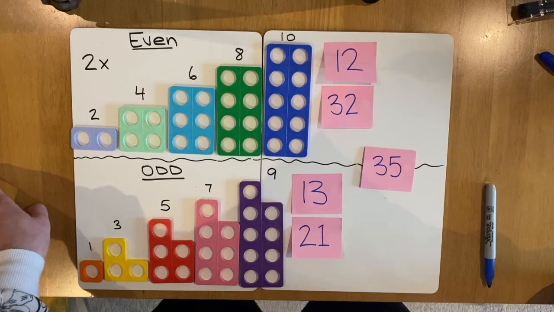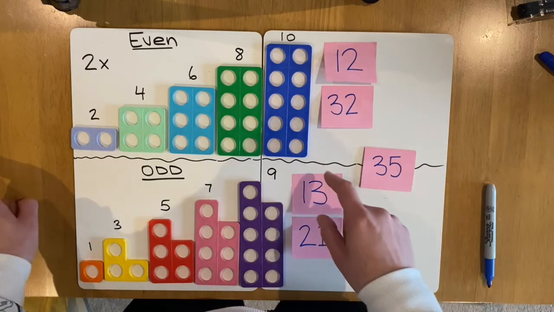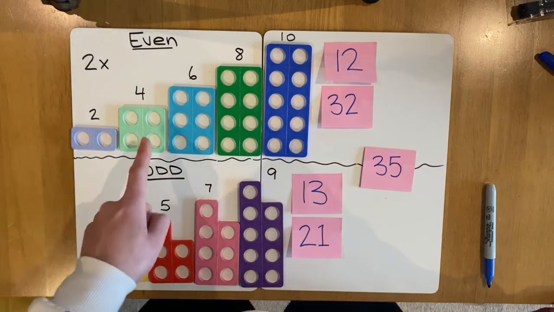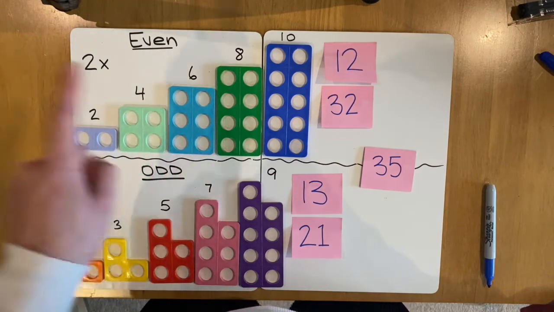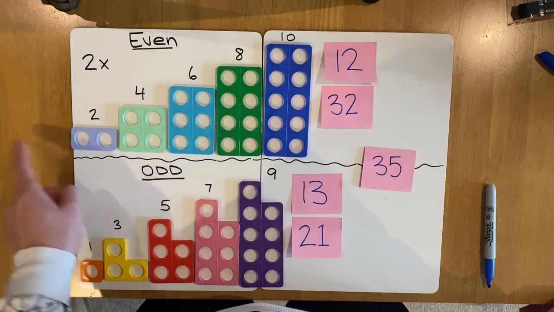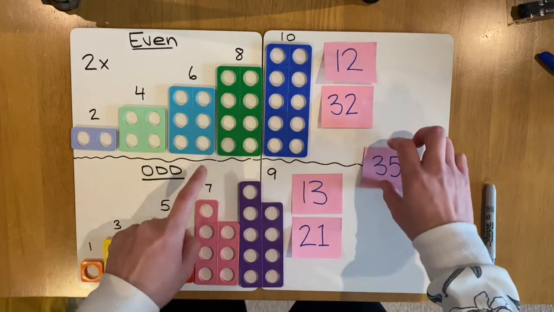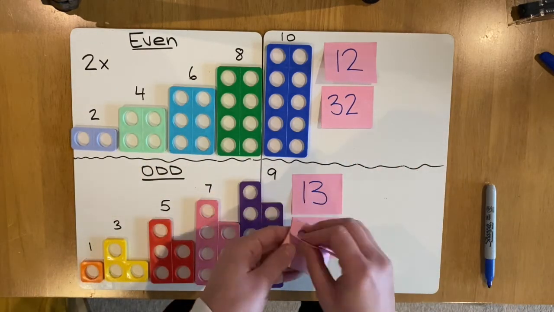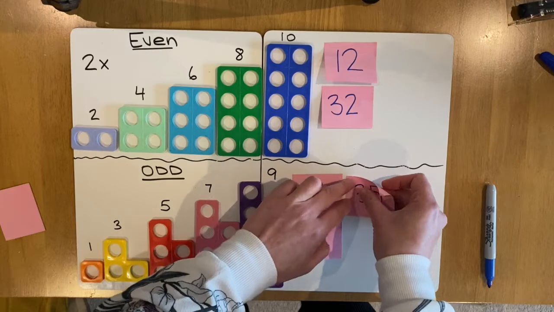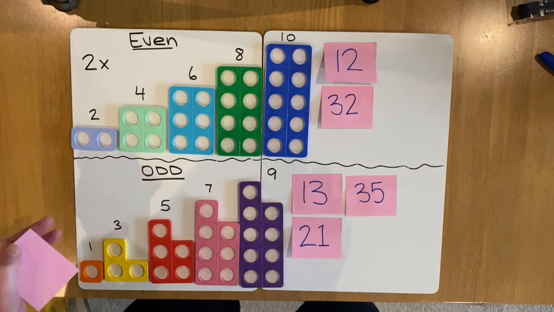Let's count in 2s from the number 20. So 20, 22, 24, 26, 28, 30, 32, 34, 36. Oh, I didn't say 35. So it's an odd number. I wonder if you got that right.